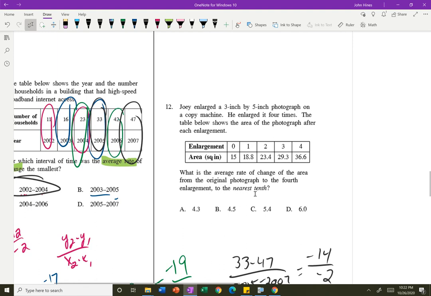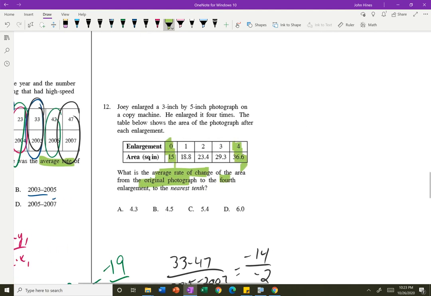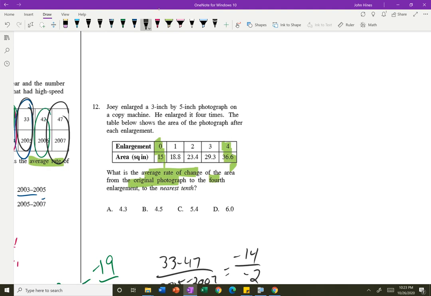Looks like we've got another average rate of change question here, so I'm doing slope between the original photo and the fourth. Well, how do I do average rate of change? Well, I subtract my y values, 36 minus 15, over my x values. Well, I put 36 first, so 4 is going on the bottom first.